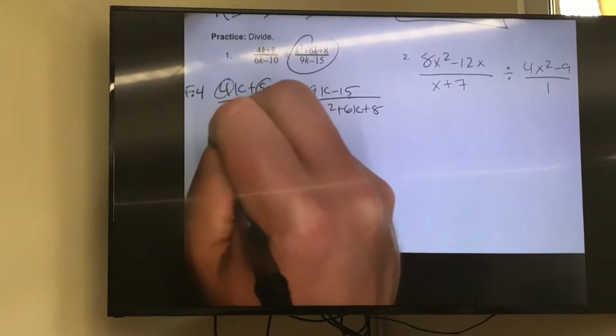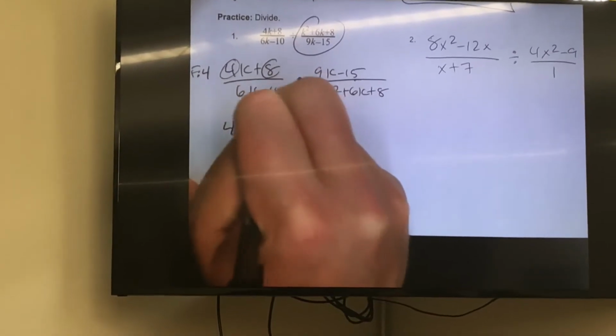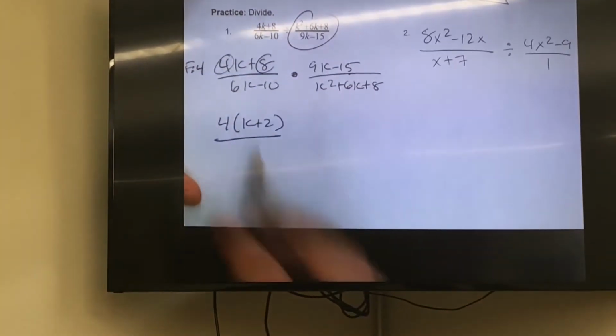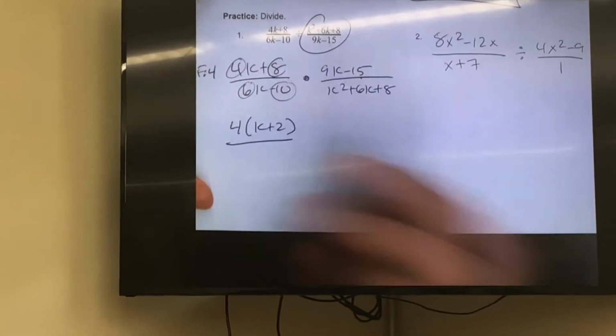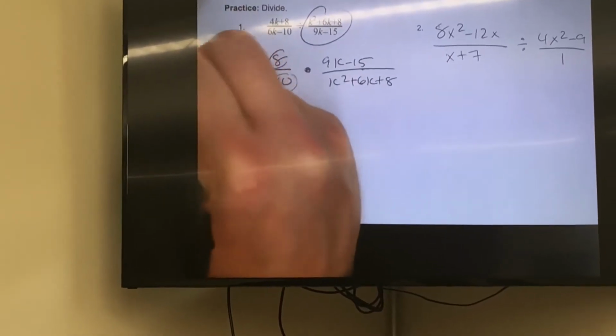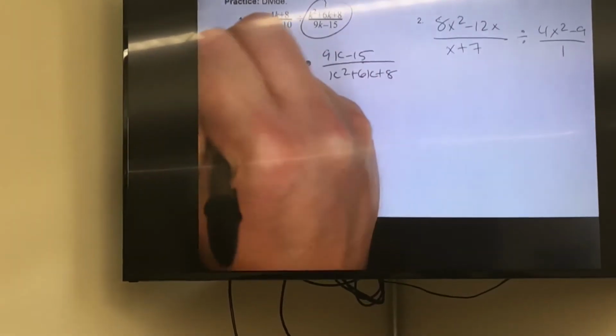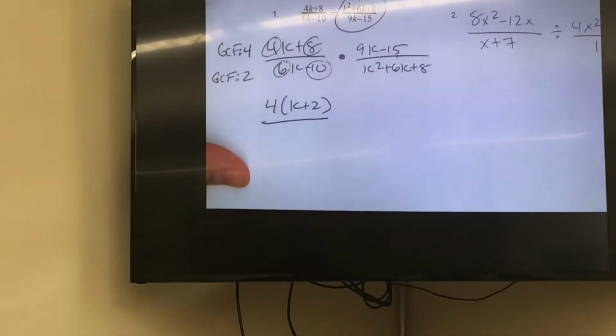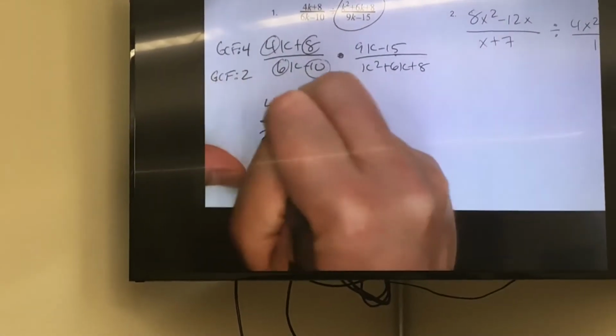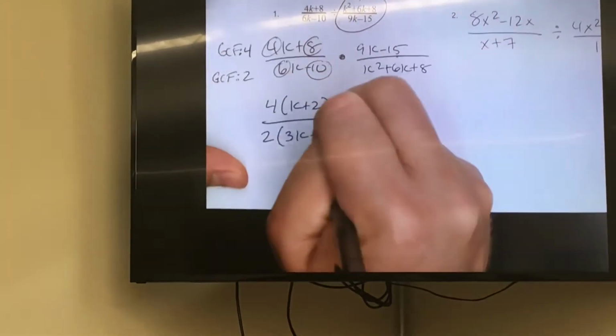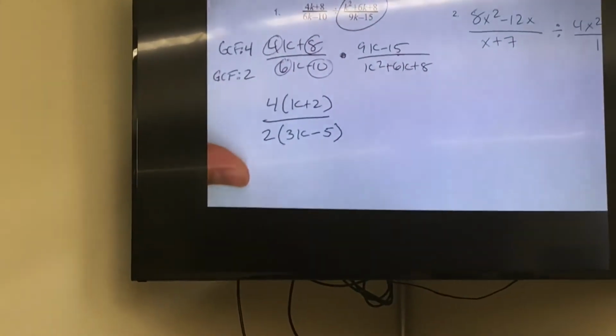So that's going to become 4 and a k plus 2. On the bottom, you have a GCF of a 2. So that's going to be 2, 3k minus 5.